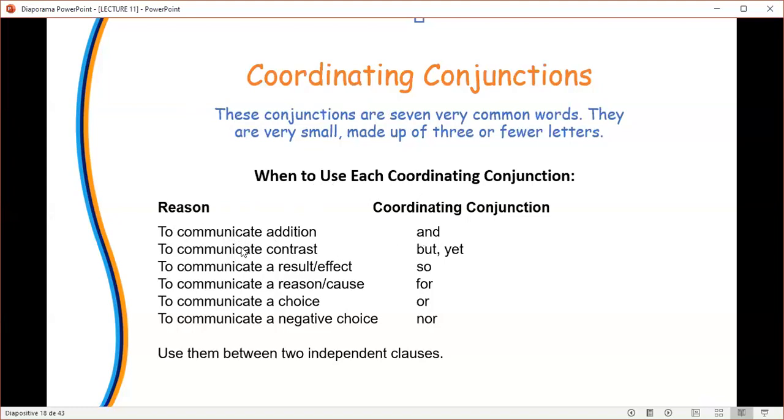To communicate contrast, we use but or yet. To communicate a result or effect, we use so. To communicate a reason or cause, we use for. To communicate a choice, we use or. To communicate a negative choice, we use nor. Okay? And we use them between two independent clauses.